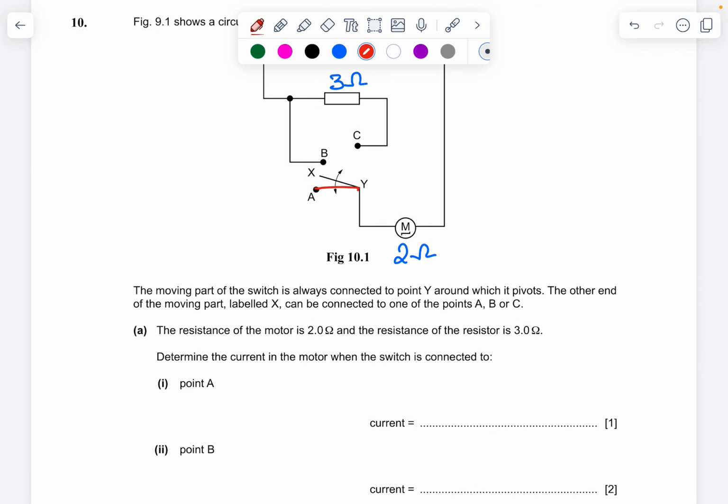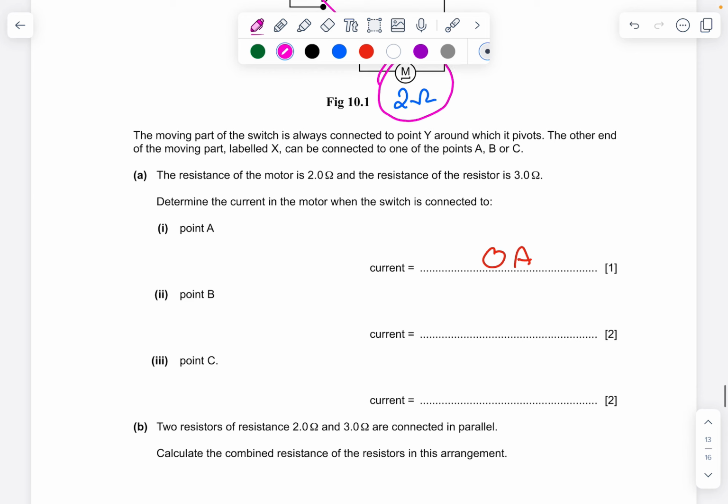If I'm connecting to A, we can see that the circuit is open, so no current flows, 0 amperes. Next I connect it to B. Then only this 2 ohms comes into the picture.